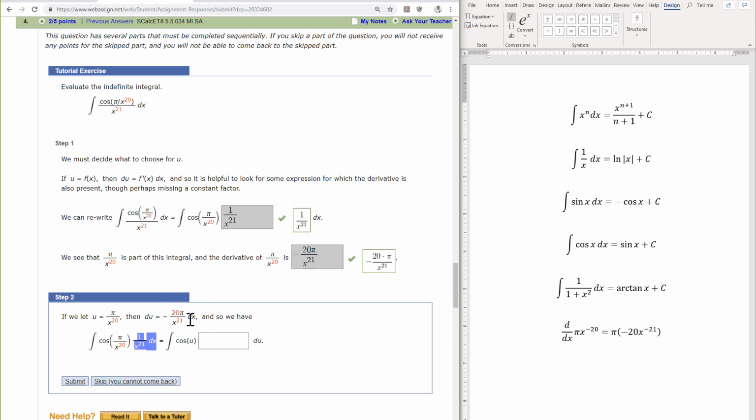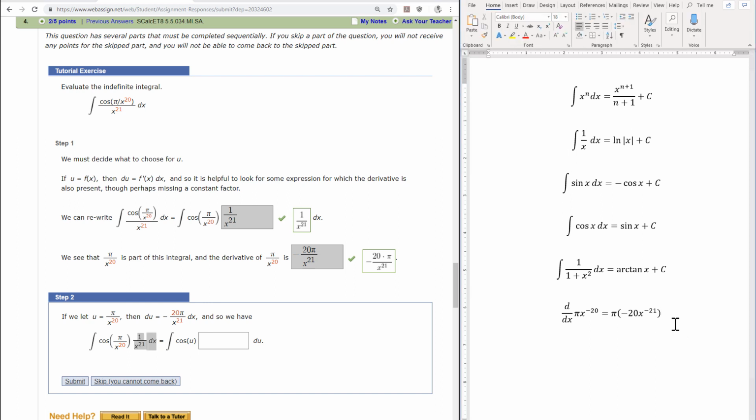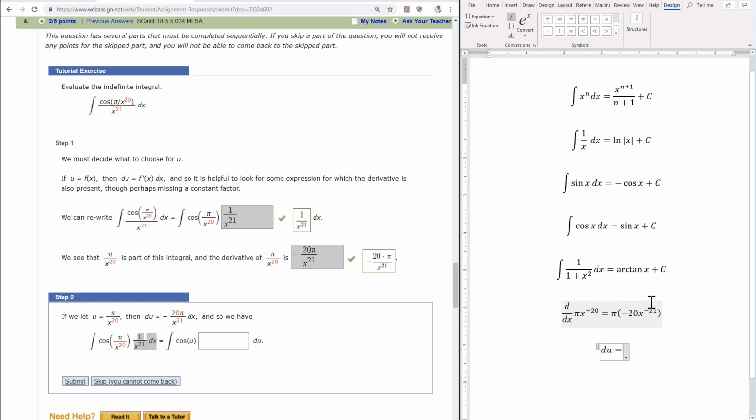Alright, so what is missing here? Maybe it would be better if we write all this out. So du is equal to, according to what they have here, negative 20 pi divided by x to the 21 power in the denominator times dx.